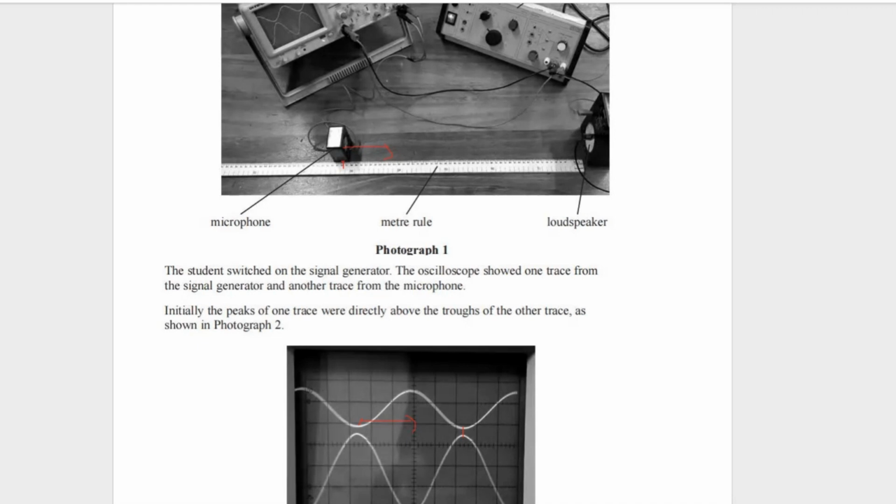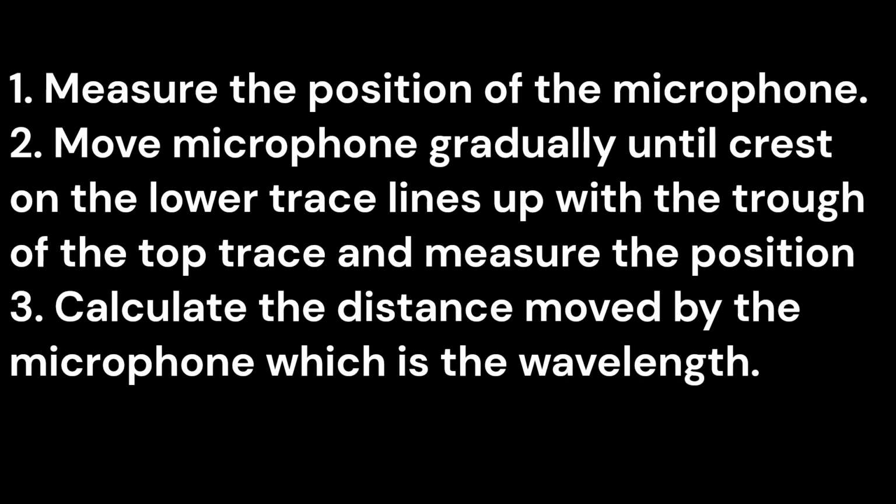Where you get the same picture again, just stop the microphone there and measure this length, and this length would be the wavelength. So from this position to this position is the wavelength, right? You could find out the wavelength using this method, and the frequency by using some calculations. That's how you find the wave speed by calculation.